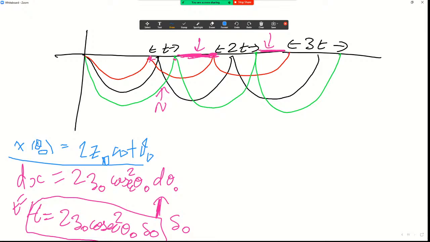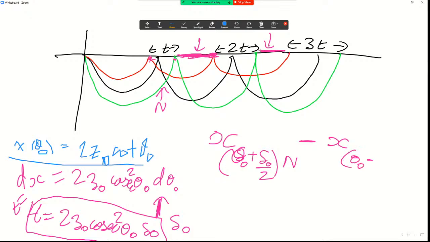So this is the upper end of x of theta naught plus delta by 2 of the nth turn, minus x of theta naught minus delta by 2 of the n minus 1th turn. This value is this, so this should be approximately equal.